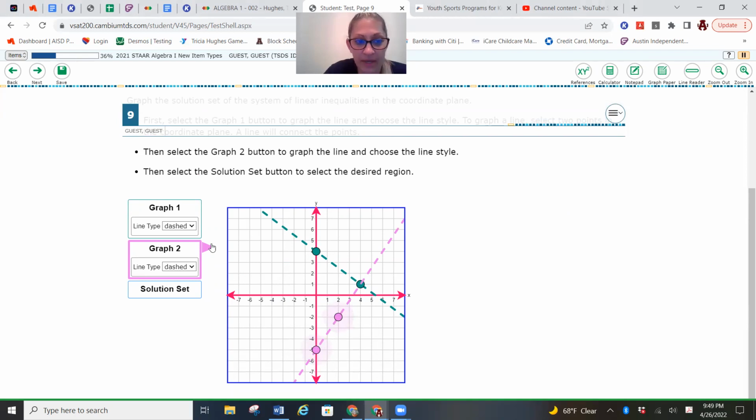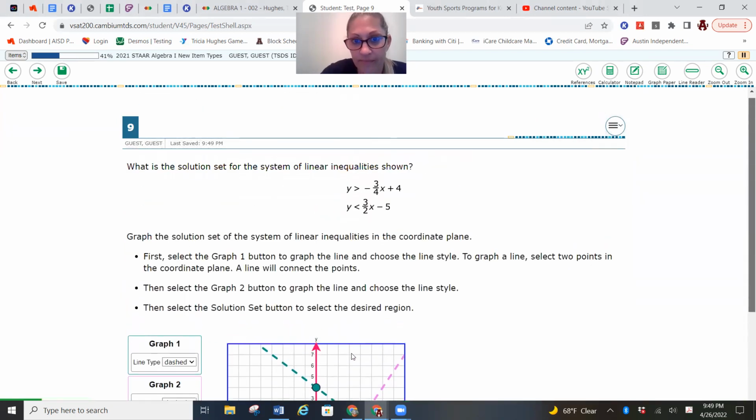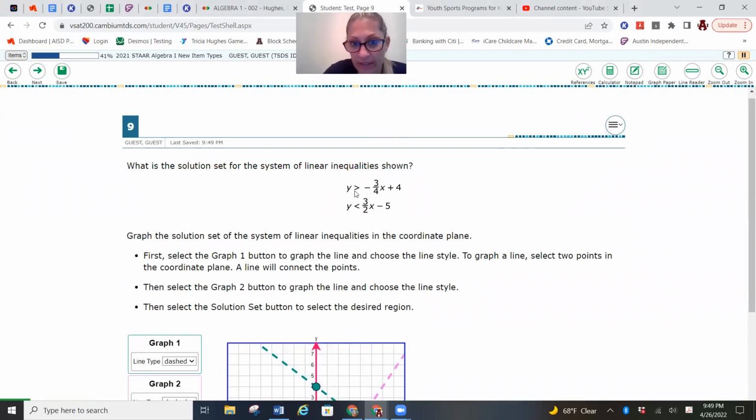Now it wants me to pick the solution set. Is it here, here, here, or there? What part is the solution set? Now we go back up. On the green line, I need to be greater, but on the pink line, I need to be less.